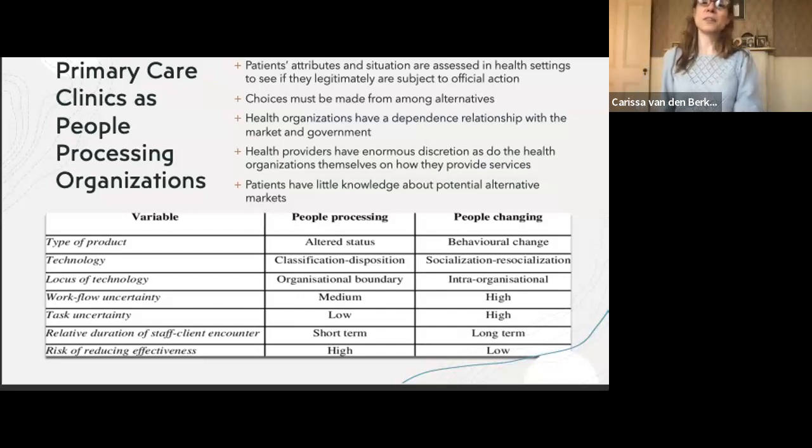And at the same time, they're making these choices in relation to their existing relationship with other organizations, the market, government. Providers have a lot of discretion on how and what services are provided, and the patients oftentimes have little knowledge about the potential alternative markets.